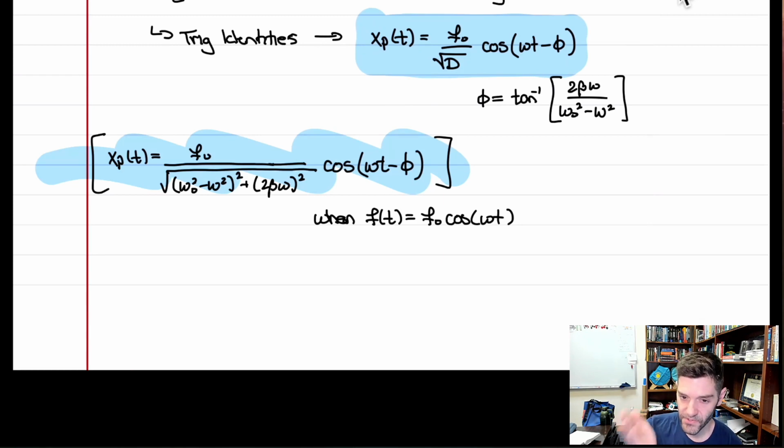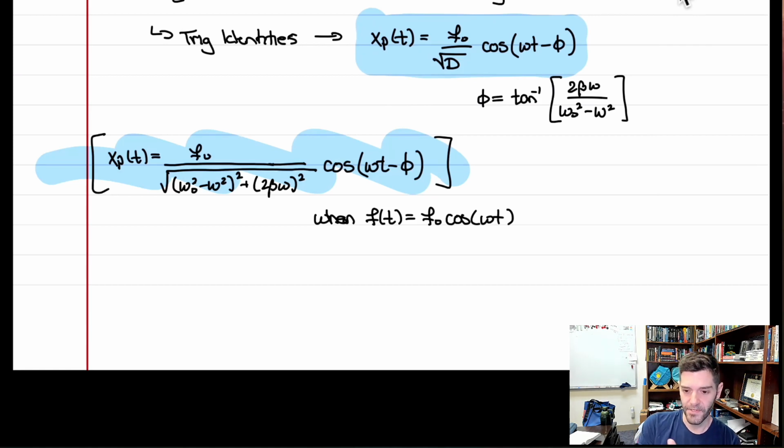And now that we've solved this particular case, where f naught cosine of omega t is the right-hand side, we have essentially done it for any kind of sine and cosine function that there is. Right, cosine of 2 omega t or 3 omega t or sine of omega t. We can write down analogous answers for those particular solutions.